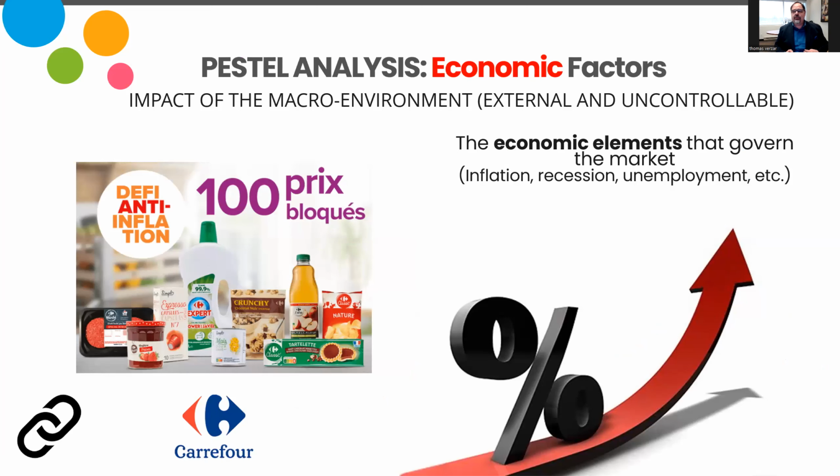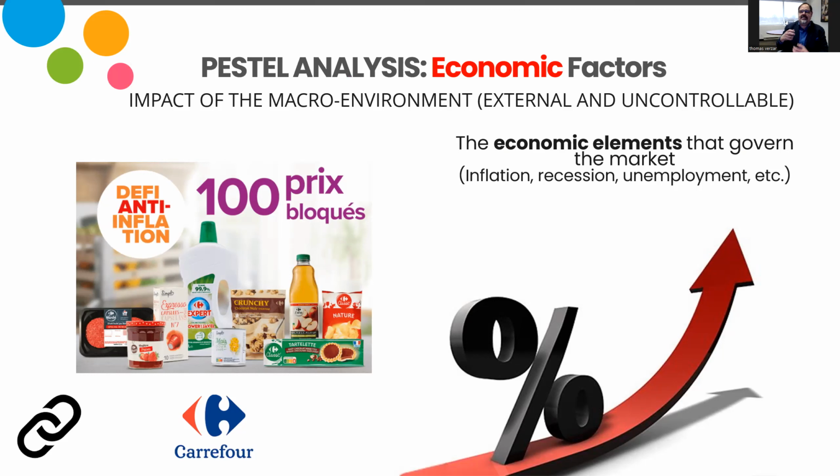So economic factors are other external and uncontrollable factors which come from our macro environment. Economic factors include, for instance, consumer confidence, and interest rates that have now gone up fairly substantially over the years and may come down eventually. Those interest rates make it harder for consumers to buy products. Many consumers buy products on credit.